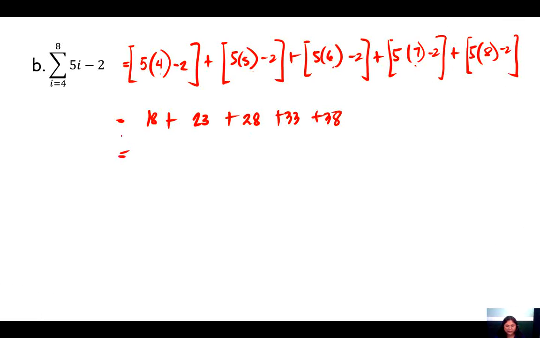Then let's add them together. We have 18 plus 23 plus 28 plus 33 plus 38. So the answer is 140. So 140 is the sum of this given summation.